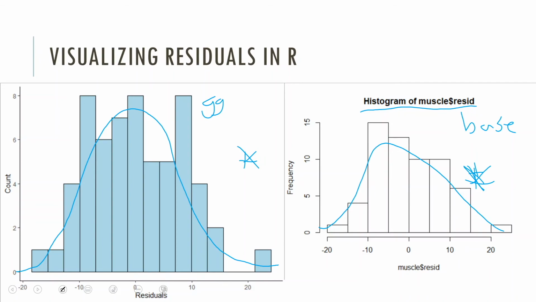Of course, if you're looking at distributions of the actual data, not of the residuals, then the ggplot histogram looks a little bit better. So totally your call, but that's sort of my mindset. I use the base R for the residuals, and then for everything else, I use ggplot. So just keeping that in mind.